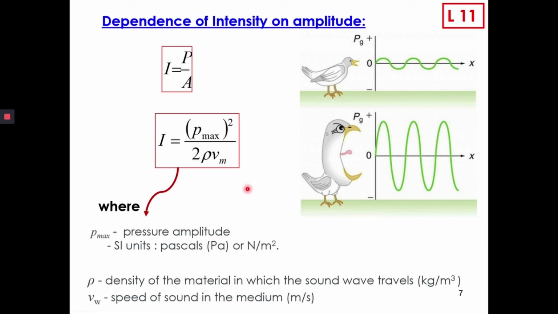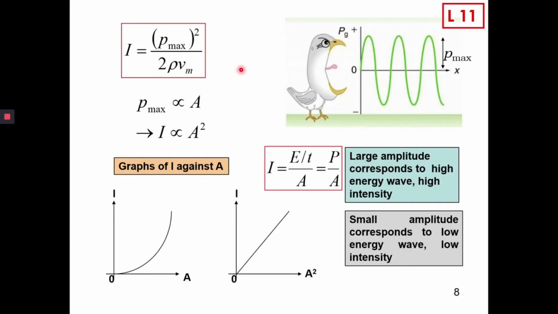I just want to remind all of you, this formula is actually not in our syllabus. It is just extra knowledge to explain the relation between intensity and amplitude, where the amplitude is like the maximum pressure.